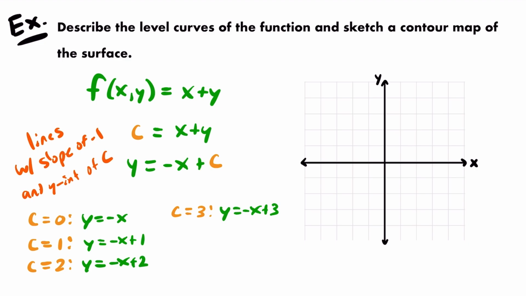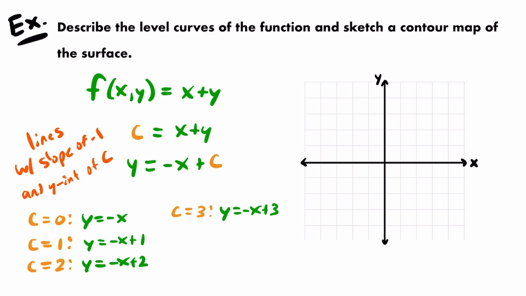But before we start graphing any of these level curves in our xy plane, I will look at least one negative value of c. If it makes sense to use a negative value of c for your function, feel free to do that. It won't always make sense to do so because some functions don't output negative values. You're saying that c is equal essentially to the output of the function. So if it can't ever be negative, you wouldn't want to pick a negative value for c. But in this case, x plus y could be negative.